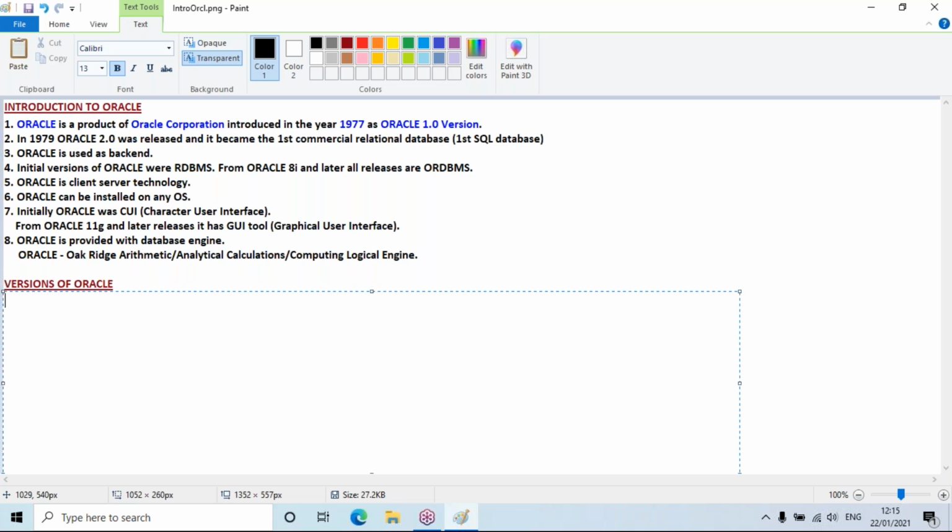What we studied was that it's a product of Oracle Corporation, introduced in 1977 as Oracle 1.0. But it has become popular.